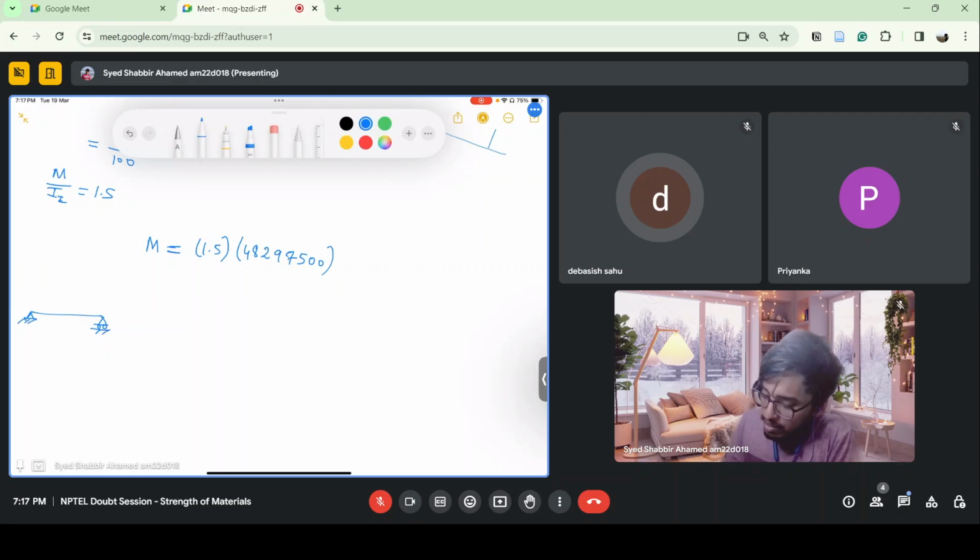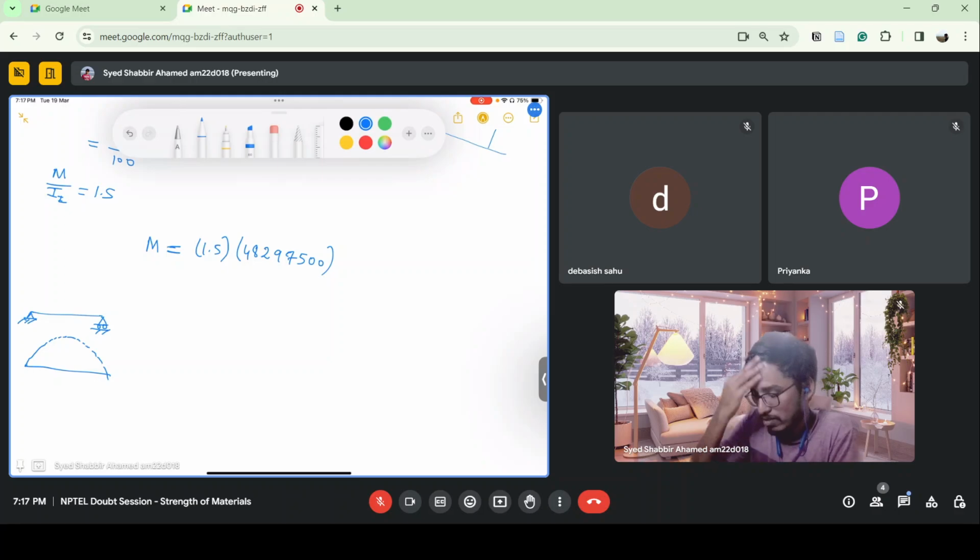Okay, and the bending moment diagram will look like this. It's parabolic. This is the maximum bending moment at the center, which is equal to WL square by 8. L is the length of the beam, W is the load.